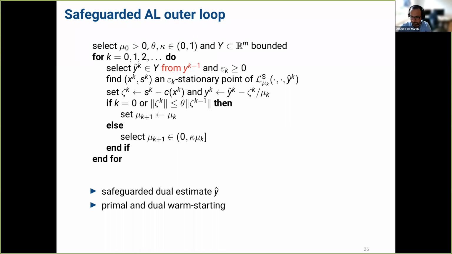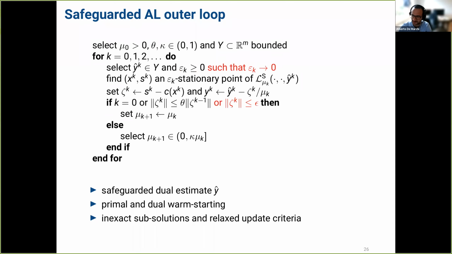Okay, and let's say in the limit, we need to drive epsilon k to 0 to get some meaningful accumulation points, but if we want only some accuracy, we can also take some relaxed conditions.